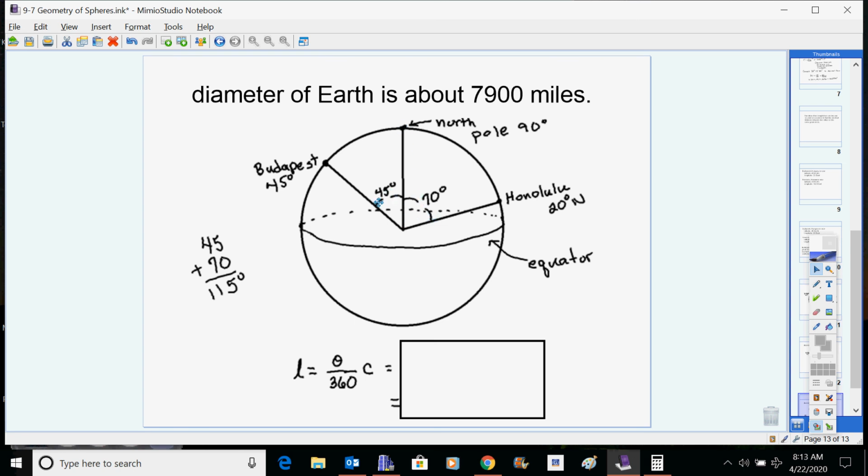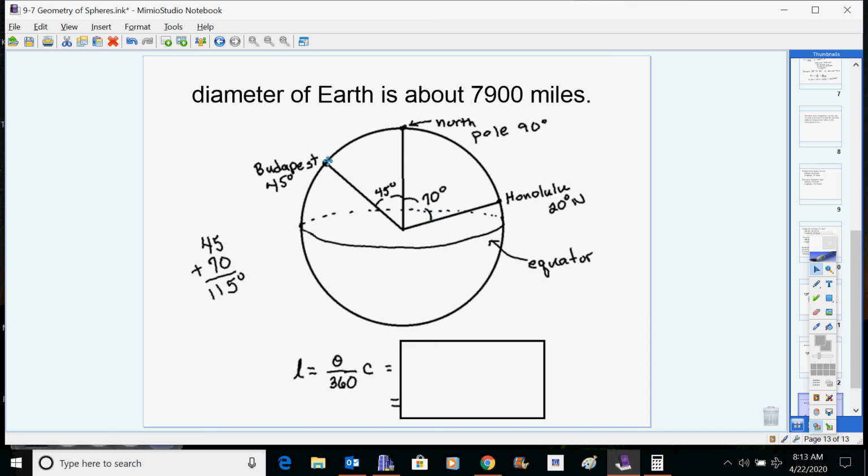So all together, this arc has a measurement of 70 plus 45, which is 115 degrees. Okay?